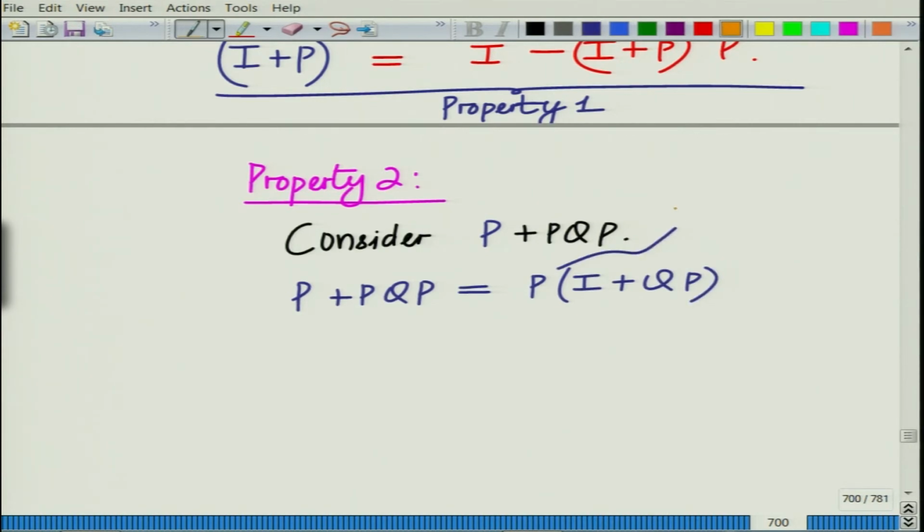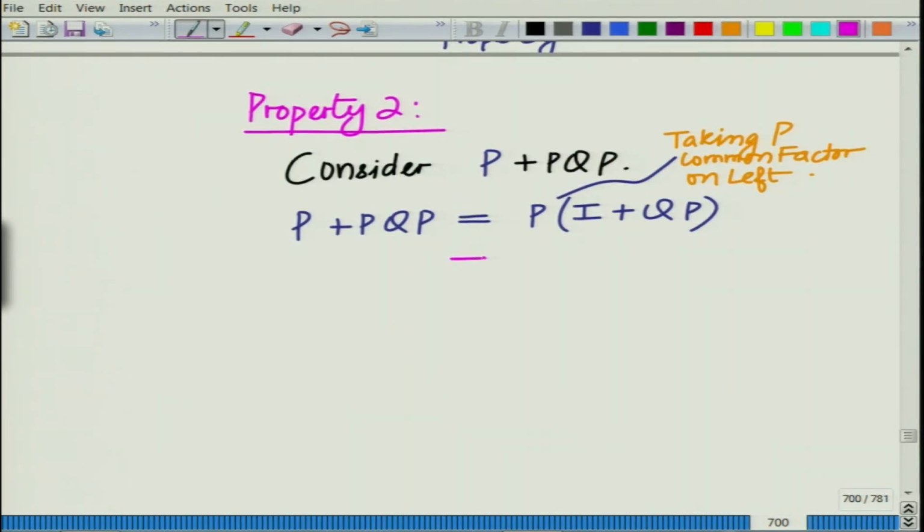And taking P as a common factor on the right, I can also write this as I plus PQ into P. So, P plus PQP I can write two ways.